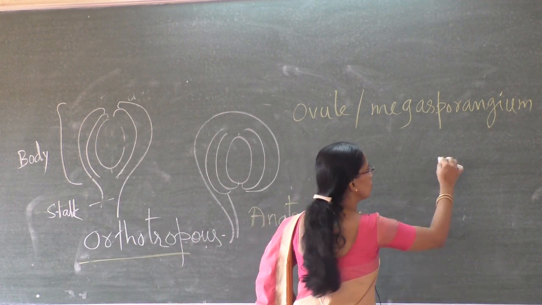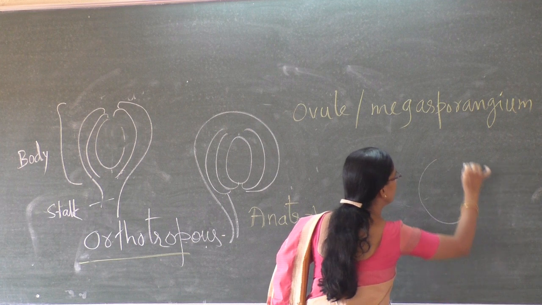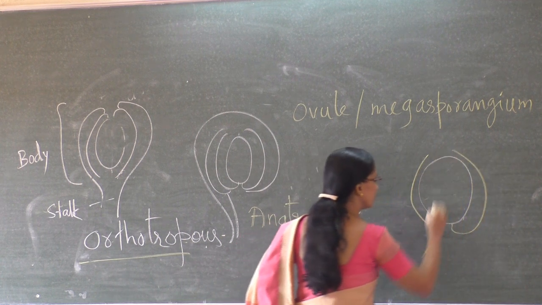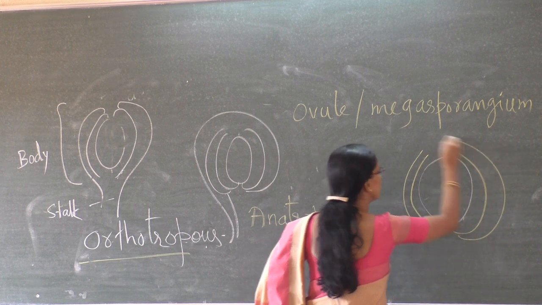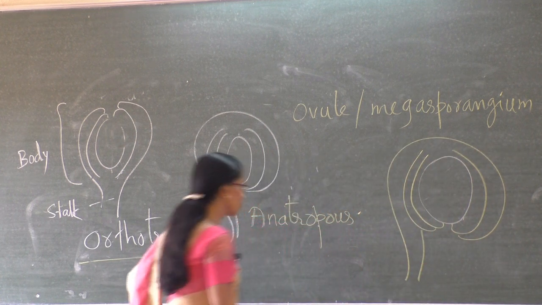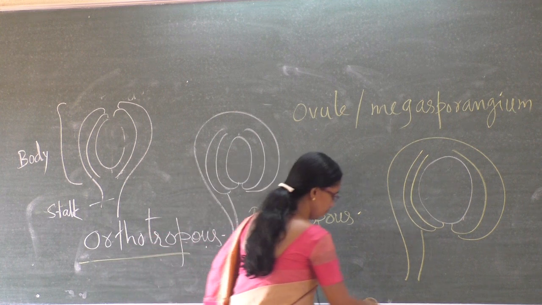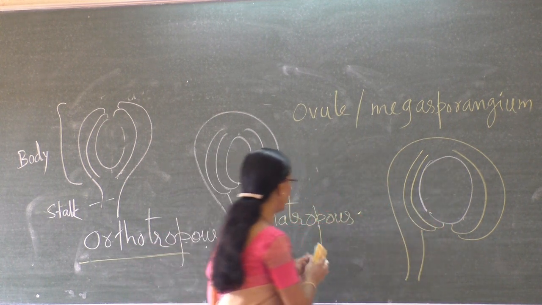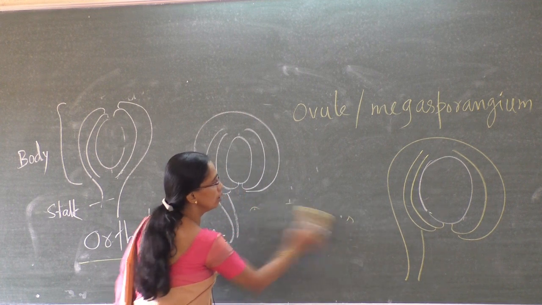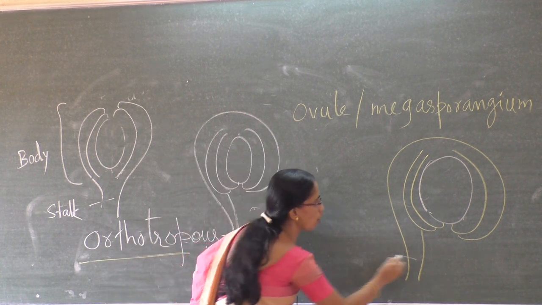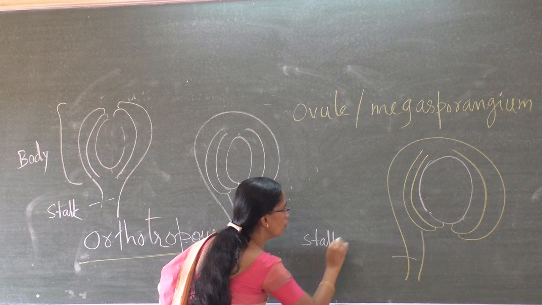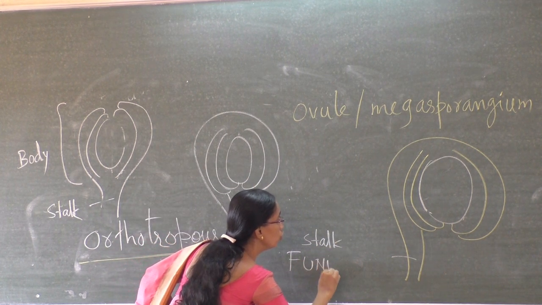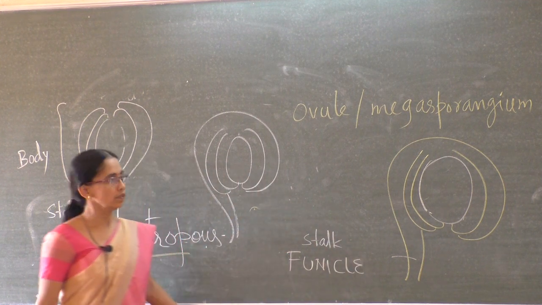So we will see how the anatropous ovule is. An anatropous ovule is somewhat like this. The anatropous ovule has a stalk. This is called the stalk of the anatropous ovule, and the stalk is named funicle.